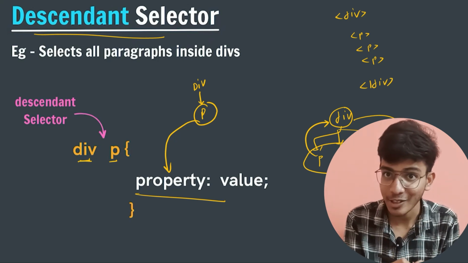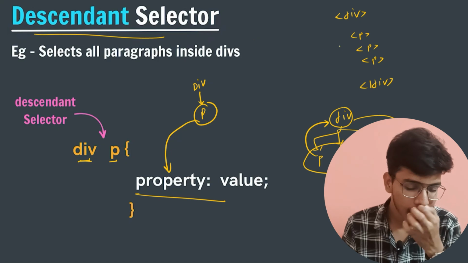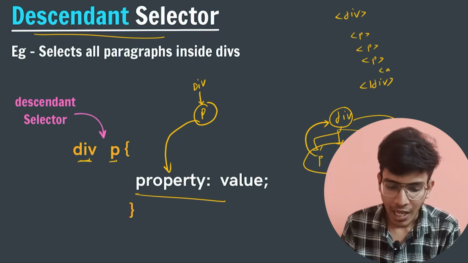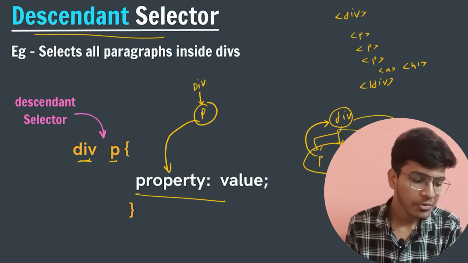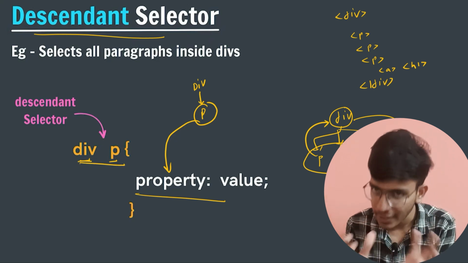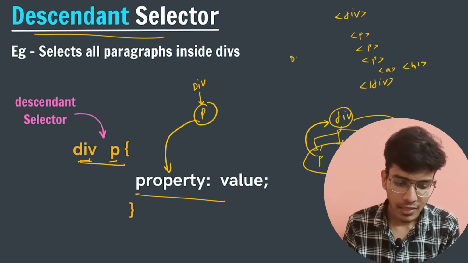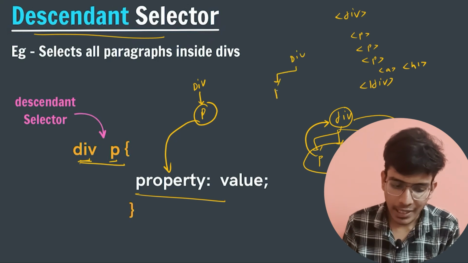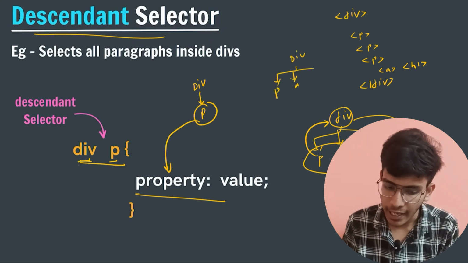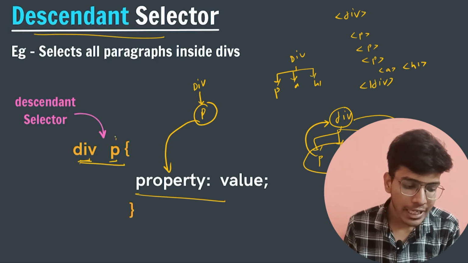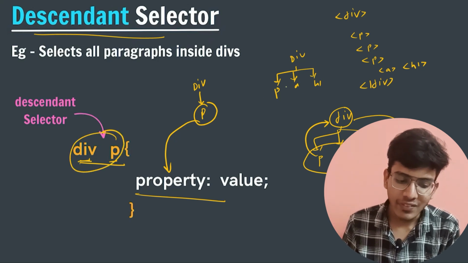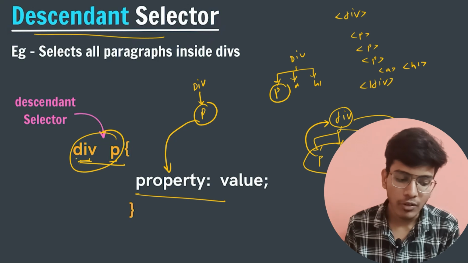I hope you have understood. Similarly, let's say I have an anchor tag and an h1 tag. I'm just writing div p. So for the div, its descendants are the paragraph, anchor tag and h1 tag, but the styling will only be applied to the paragraph tag because you are writing div p.